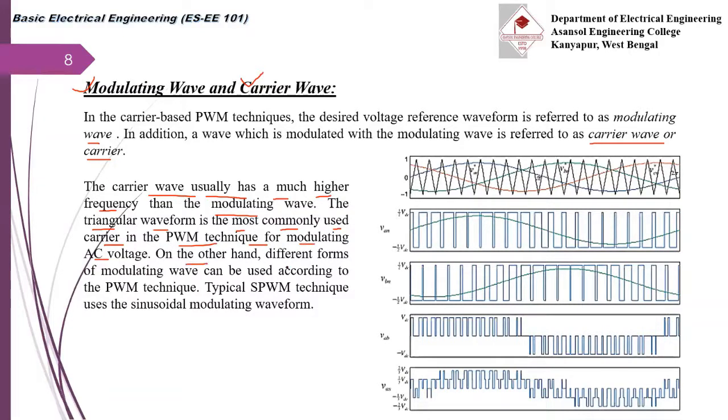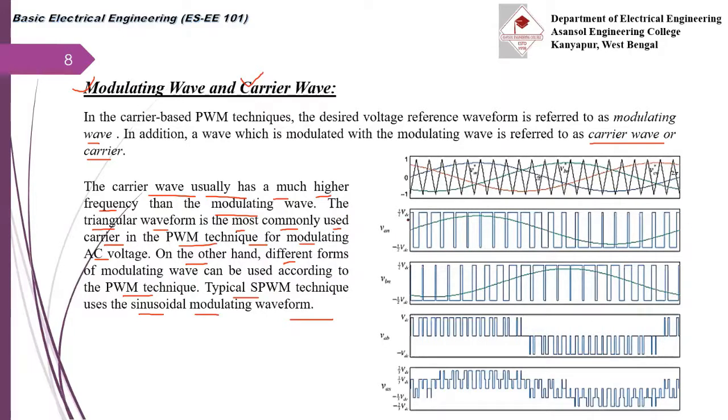The triangular waveform is the most commonly used carrier in the PWM technique for modulating the voltage. On the other hand, different forms of the modulating wave can be used according to the PWM technique. Typical sinusoidal pulse width modulation technique uses the sinusoidal modulating waveform. Now here you can see one square waveform and the sinusoidal waveform.